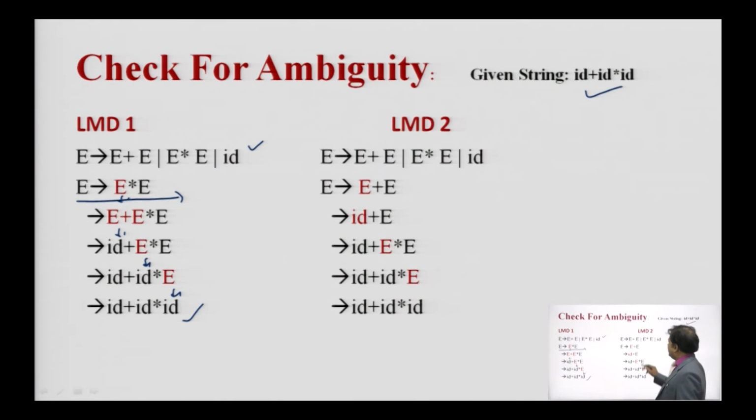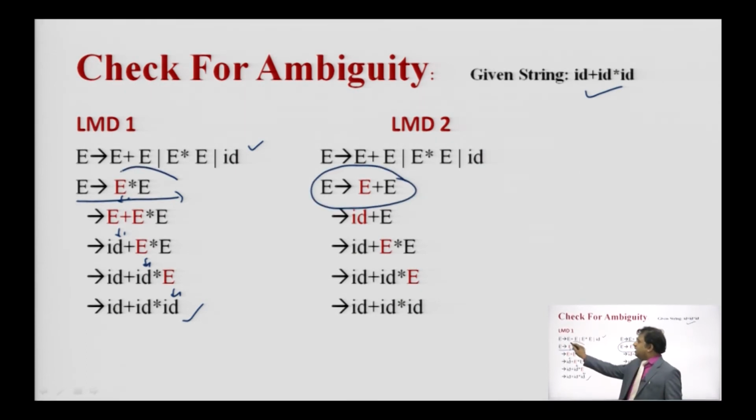But in the second case, I start with the production E derives E plus E, while here I started with E derives E star E, right. So again I apply the leftmost derivation and I replace E with ID, then the next E with E star E, then the leftmost ID, then the leftmost ID. Again I can reach the same sentence.